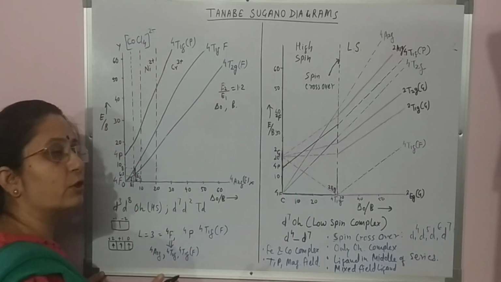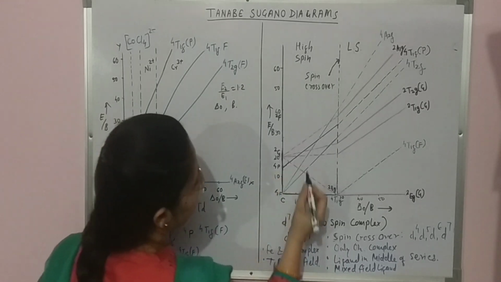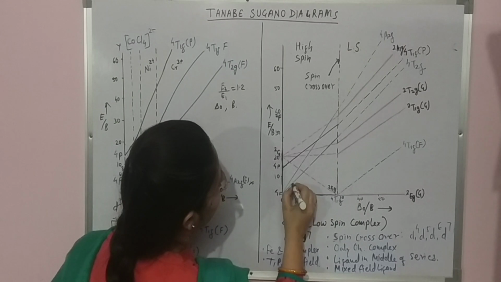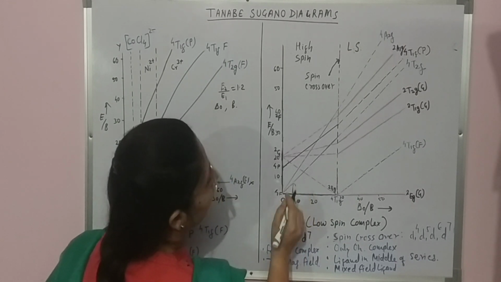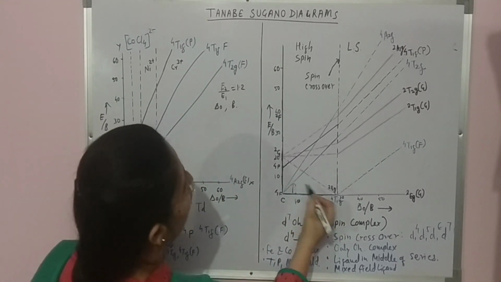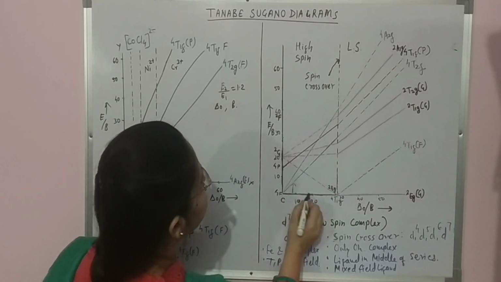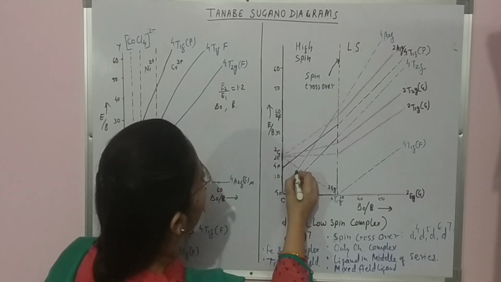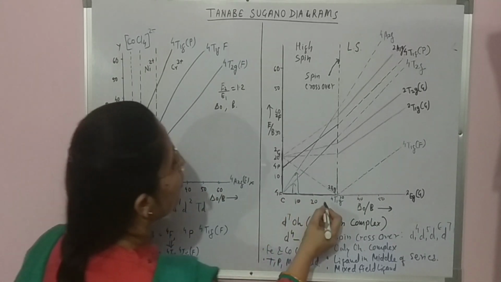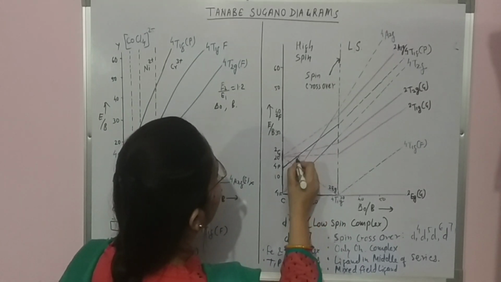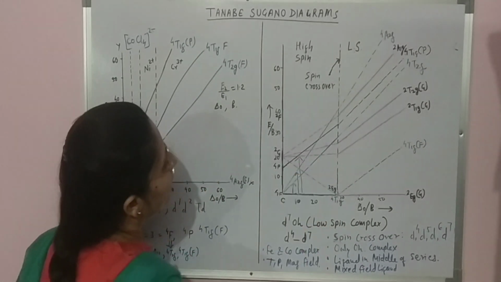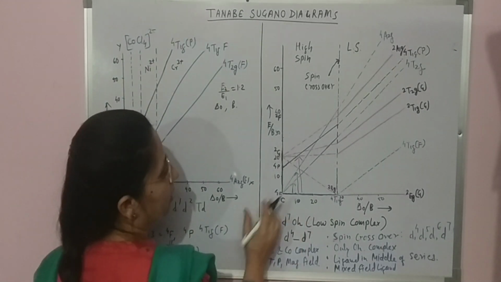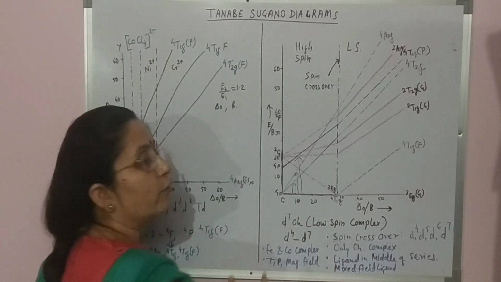So if the excitation of energy takes place, in the spectrum we will get 3 spectral lines due to the transition between 4T1g to 4T2g, then 4T1g to 4A2g, and finally 4T1g to 4T1g of P. So there are 3 spectral lines we can find here in the TS diagram of d7 for the high spin kind of complexes.